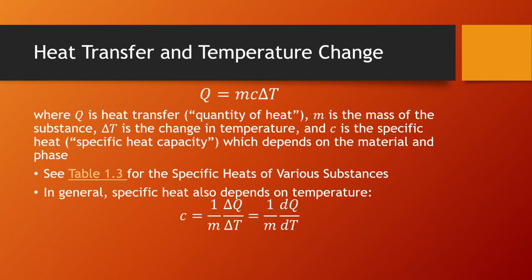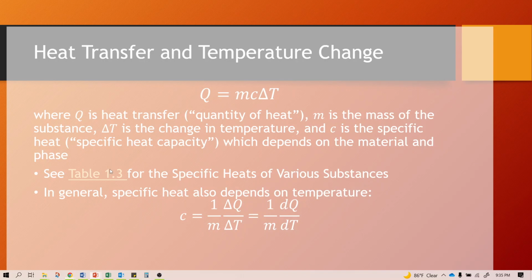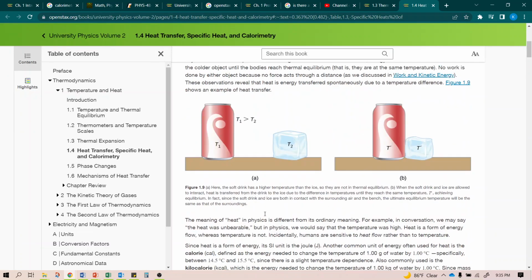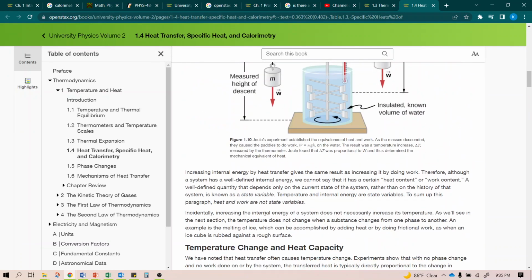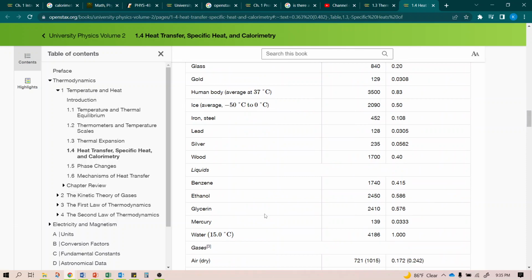The specific heat depends on the material and the phase that it's in, and there is a table again in our textbook. If I go here, table 1.3, let's pull it up, and it will go over these specific heats. Again, did not take me there, but here it is.